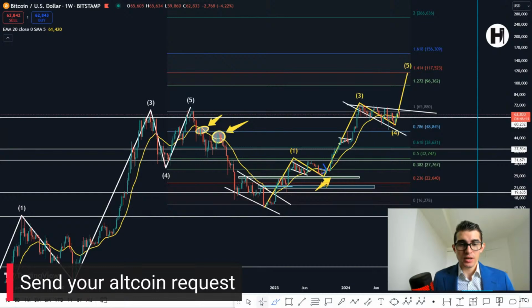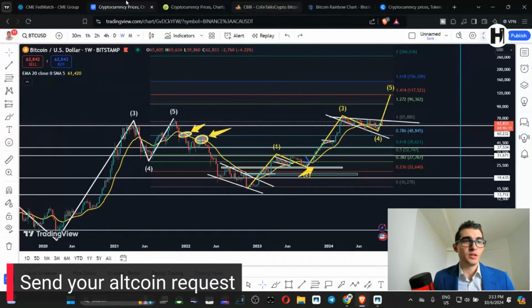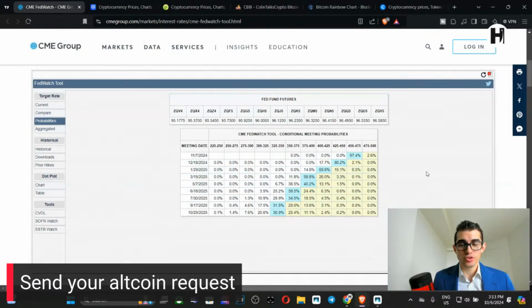Now let's take a look at the CME FedWatch tool. The expectation is that we're going to be having another cut, and after the most recent job report too, but we'll see.